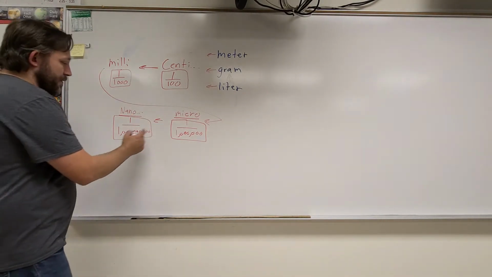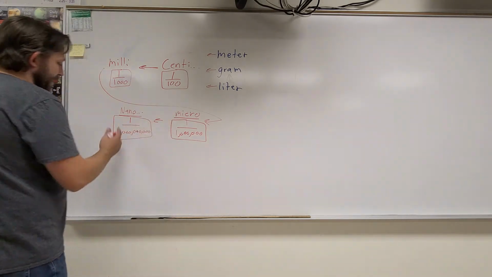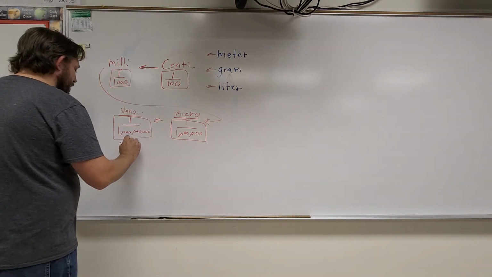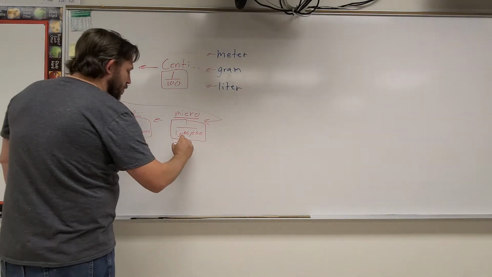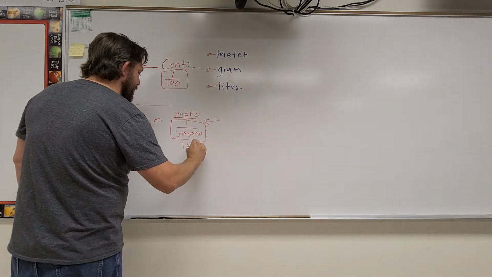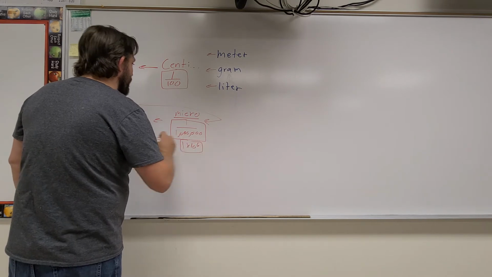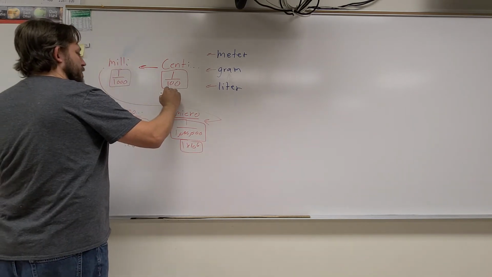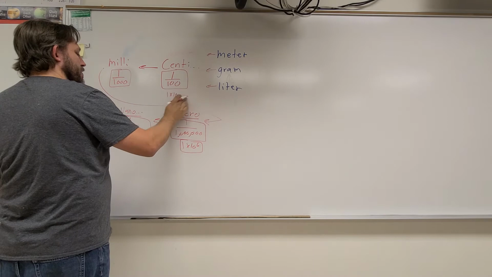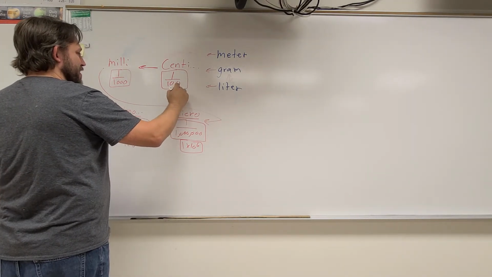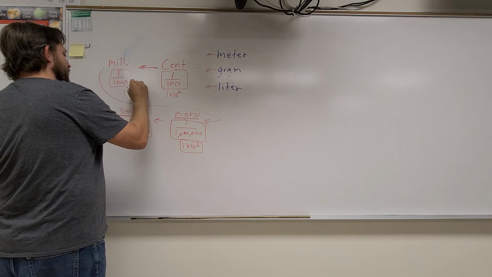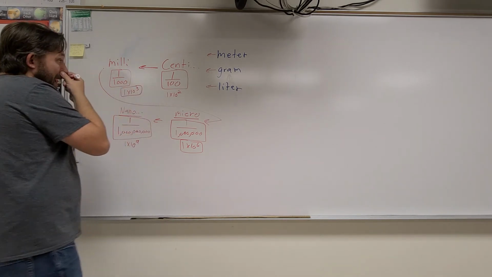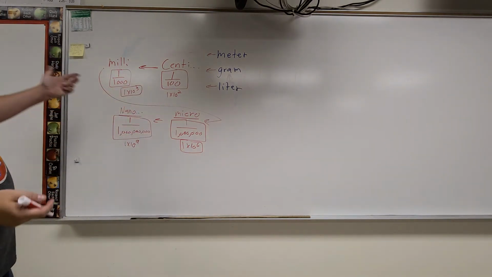If we were going to write this in scientific notation to make it a little easier, this is 1 times 10 to the 9th. 1 times 10 to the 6th is micro. Centi is 1 times 10 to the second, and milli is 1 times 10 to the third. I had to think there for a second for that. And that's going down, down, down.